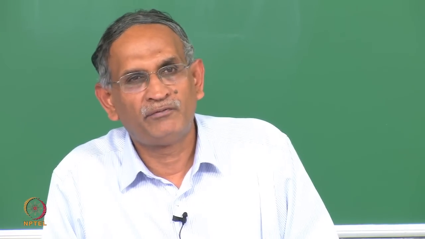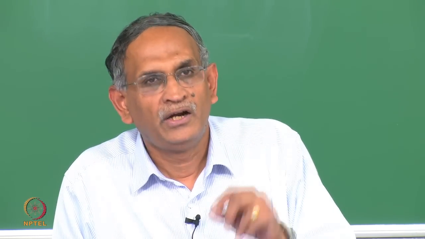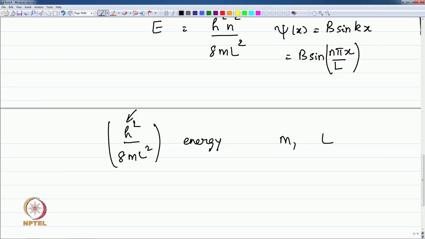So, now the energy seems to be quantized in terms of the two physical parameters that we introduced, whether a heavier particle or a lighter particle, in a smaller box or a larger box, but with all the other conditions being the same, namely potentials being 0 inside, the potentials being infinite outside. Given that, you see that the energy is discretized and is in units of h² by 8mL².